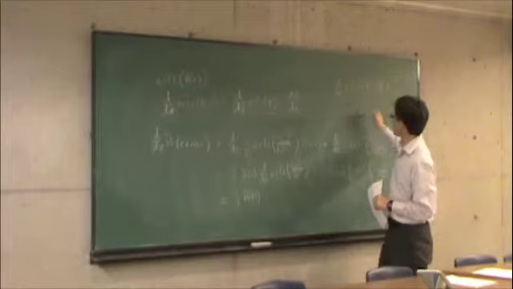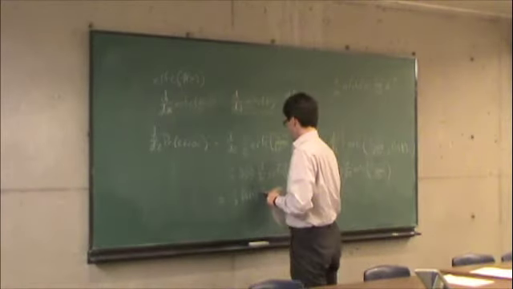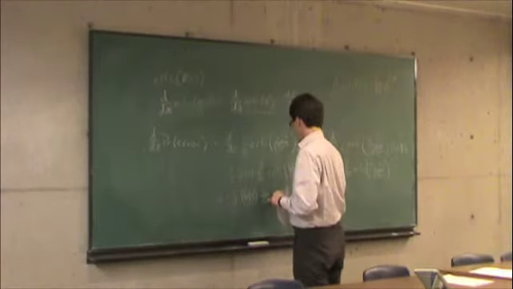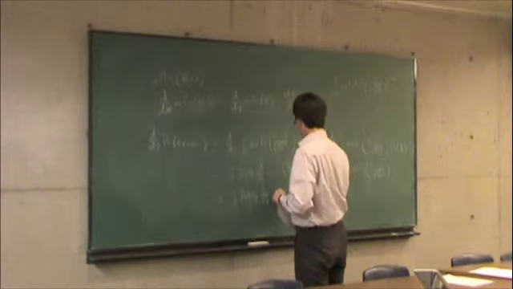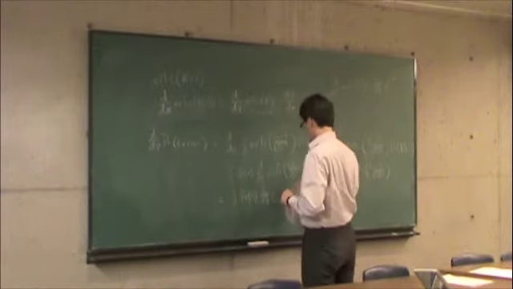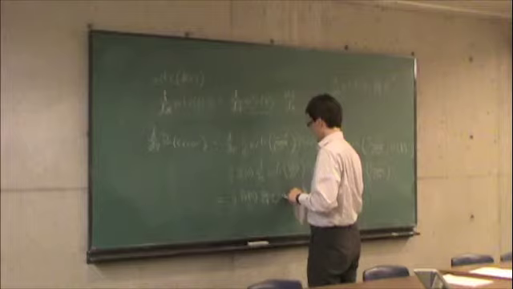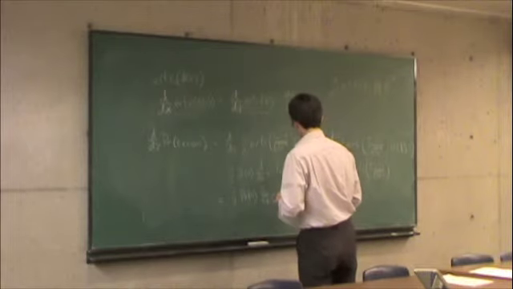So here I have 2 over root pi. This is kind of complicated, so I'm going to say x. You're missing a negative?